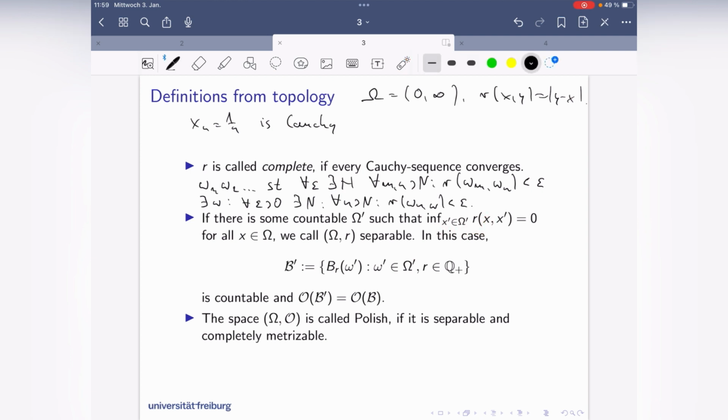So for example, omega could be R, and omega prime, the countable dense subset, could be Q. Then this is the case. For example, if x would be pi, then I find rational numbers x prime which are arbitrarily close, such that the infimum becomes 0 to pi.